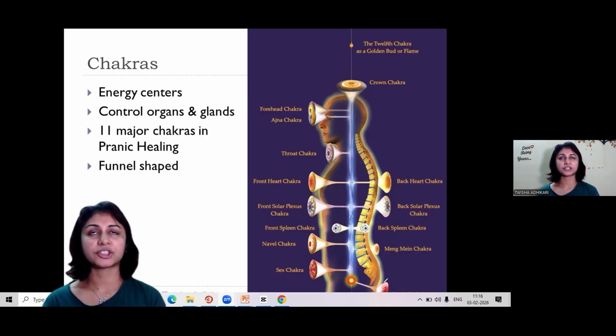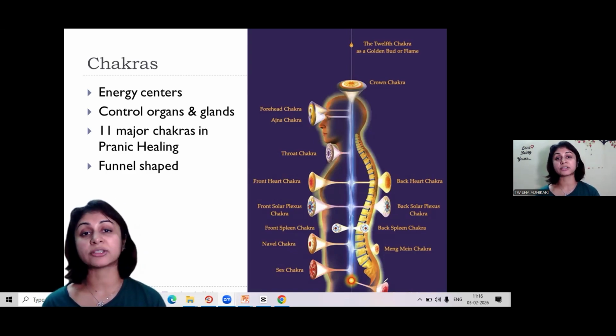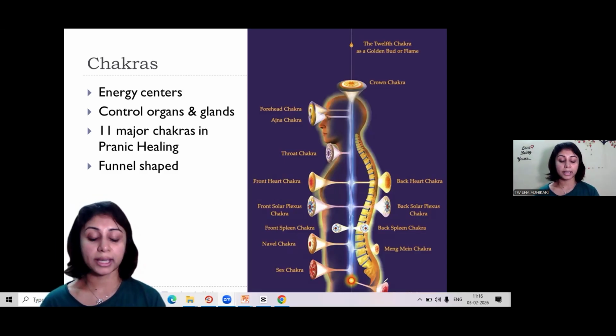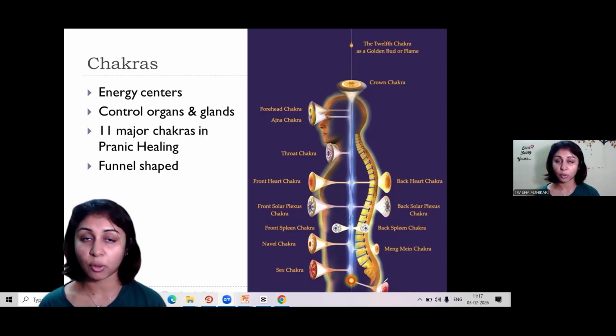Now, our basic chakra controls our musculoskeletal system. Along with that, it also controls our spine and the quality of blood which is produced in our body. It affects the growth rate of the cells and the growth rate of children. Okay, and it also affects the heart and the other sex organs.